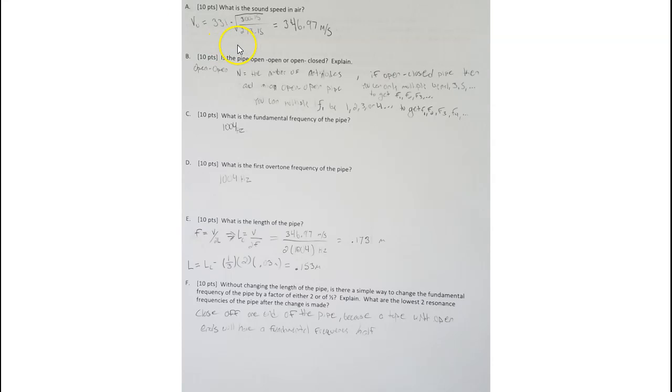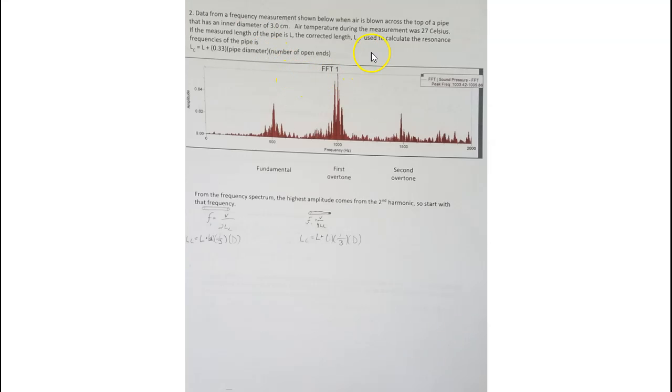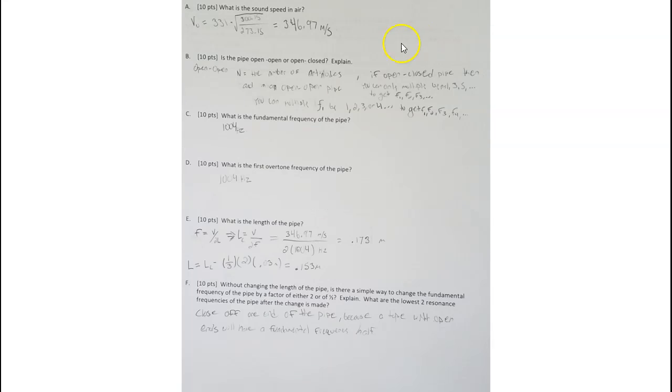It's just 331, which is the standard at 0 degrees Celsius, times the square root of the new temperature in Kelvin, which is 27 plus 273.15, over what 0 degrees Celsius in Kelvin would be. And then that just gets you 346.97 meters per second.